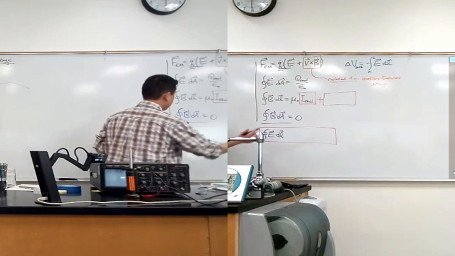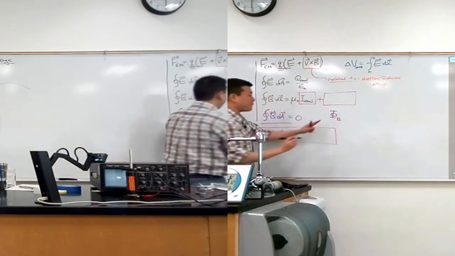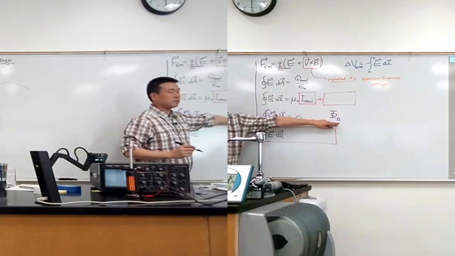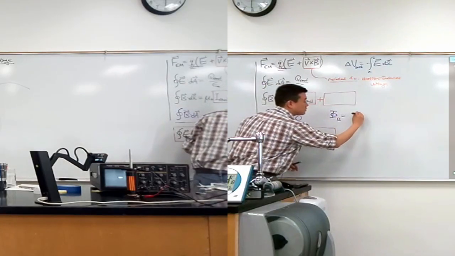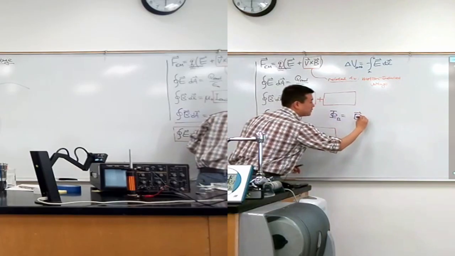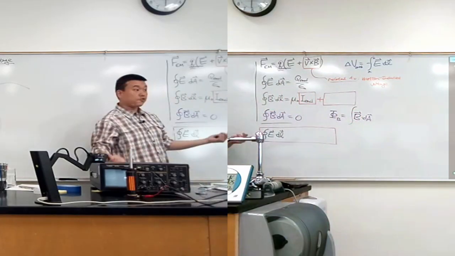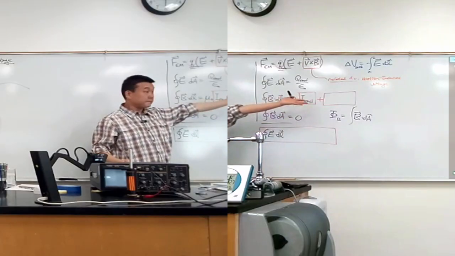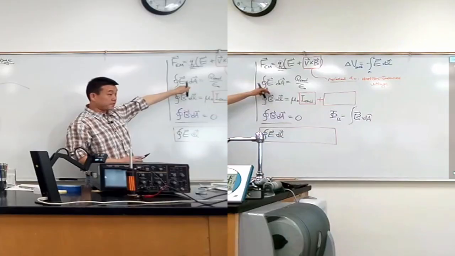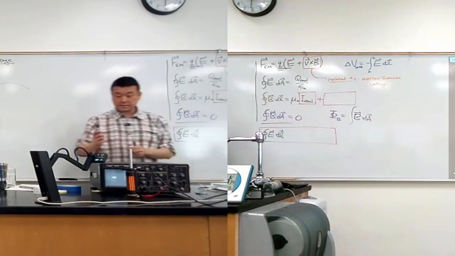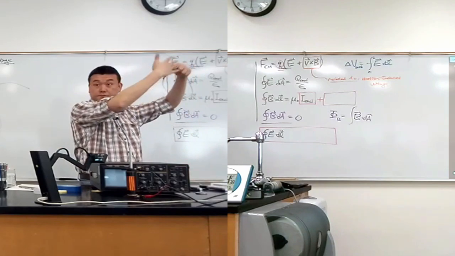The magnetic flux, we use this symbol, capital Phi, subscript B. All this means is it's the surface integral of B dot dA over some surface. It doesn't have to be closed, it can be open. If it's a closed surface, then it's like the Gaussian surface that we are using. If it's open surface, then it's like the open surface that's bounded by this loop.